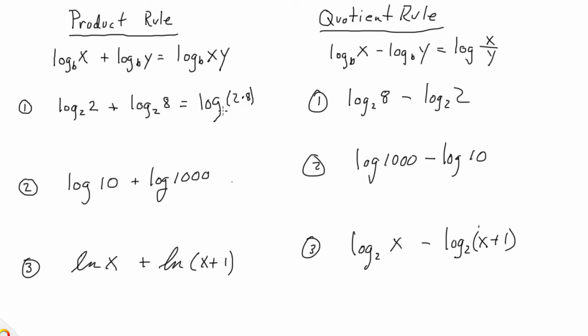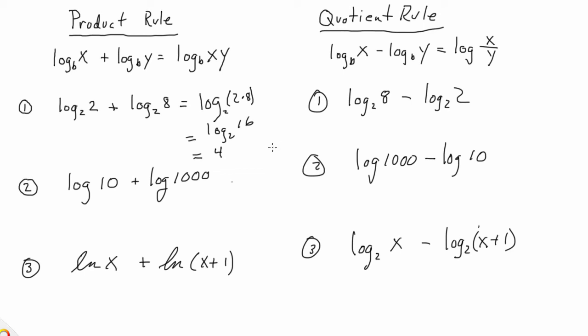Oh, and it's log base 2. Then we can simplify that. So it's log base 2 of 2 times 8, which is 16. And then we evaluate this. 2 to what power is 16? We know that answer is 4, because 2 times 2 times 2 times 2 is 16.